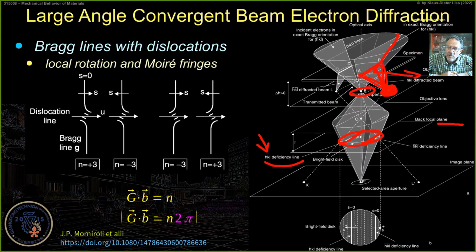Then we know if we have HKL, we also can get minus HKL. There's another deficiency line. And we have other lattice planes. Typically in the crystal, we have lattice planes in other orientations. Then we would get other lines, more lines in the image, more deficiency lines due to other Bragg reflections in the image.